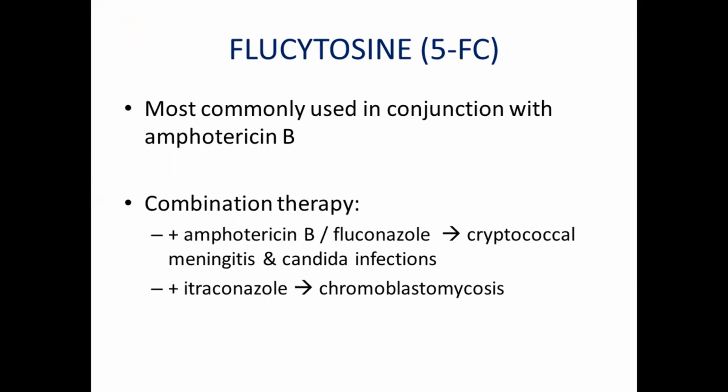Usually kasi, amphotericin B will form a pore for the drug to penetrate the fungal wall, no? Flucytosine will go inside. Ang target naman ng flucytosine is to go inside the cell to alter the DNA and RNA formation, no? So kaya usually silang dalawa yung pinag-combine, amphotericin B and flucytosine.